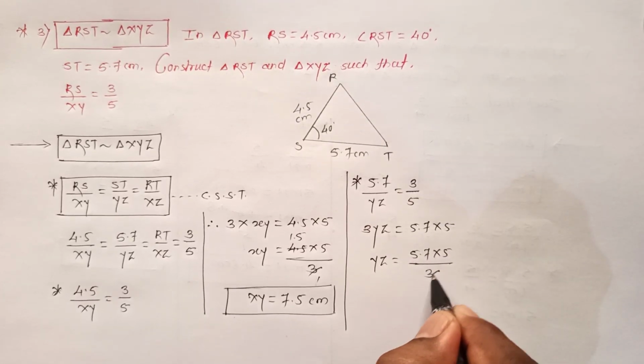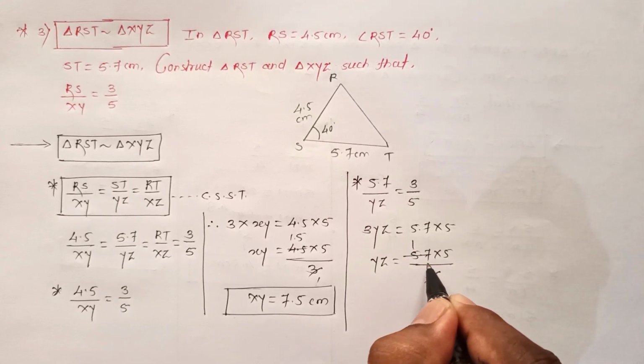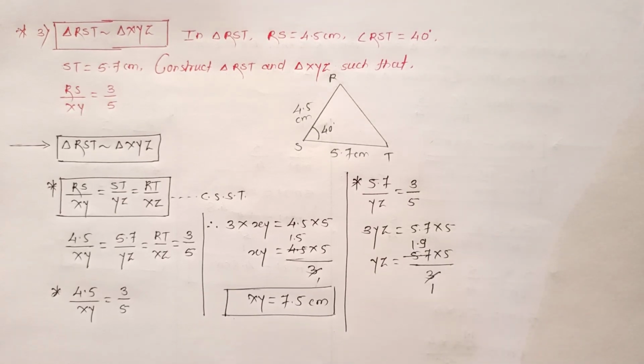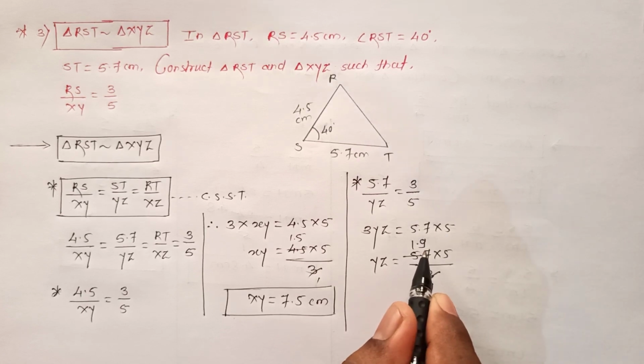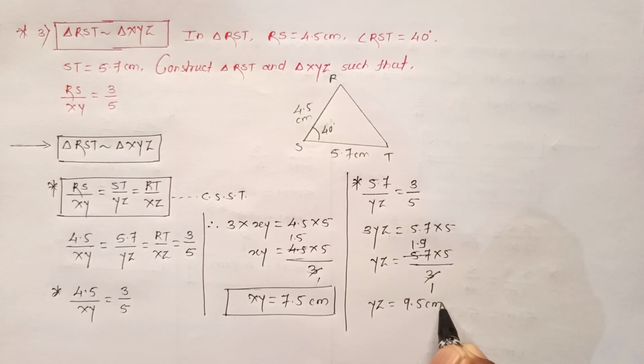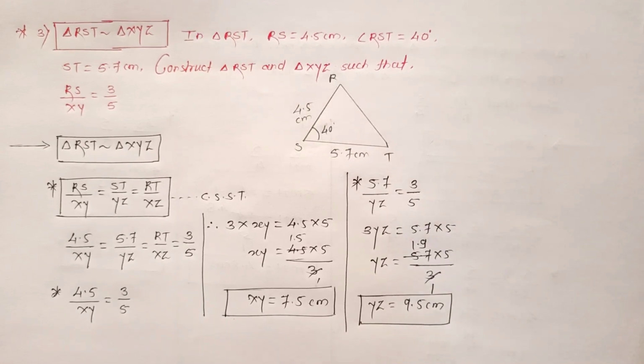Again 3 ones are 3, 3 ones are 3, 2 remain, so it will become 27, so 3 9s are 27. Now here 1.9 into 5, so 19 5s are 95, but this is not 19, this is 1.9, so the answer will be YZ is equal to 9.5 centimeter. So here you got the second side of the second triangle also.